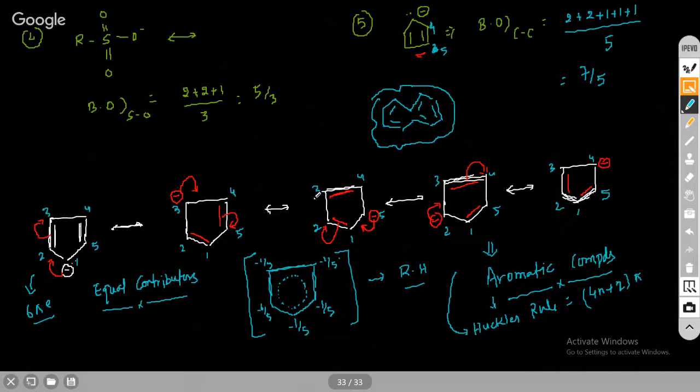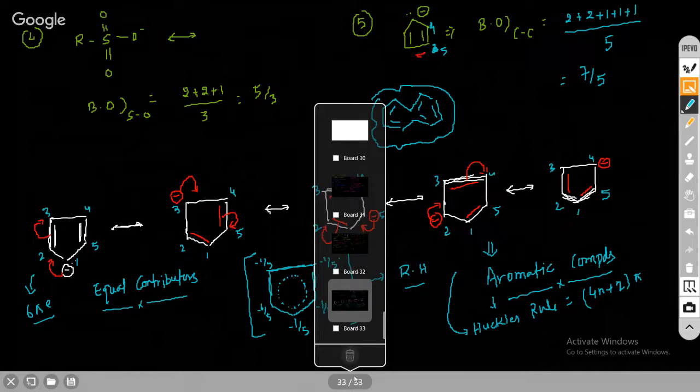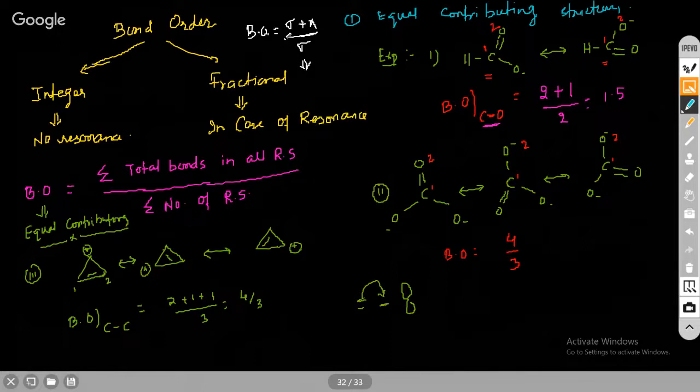So what we do, we do not use this way to find out the bond order. You see the last one, I have given you this formula. You simply find sigma plus pi by sigma.